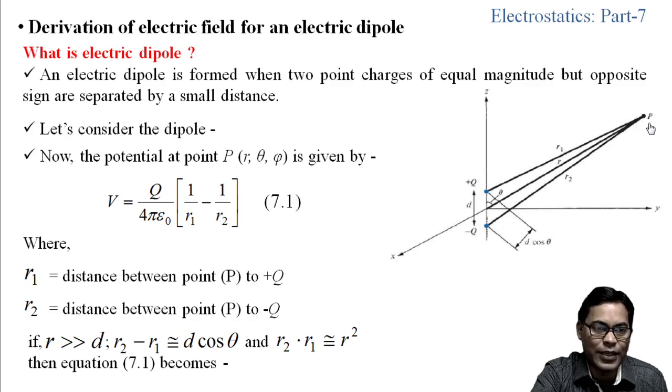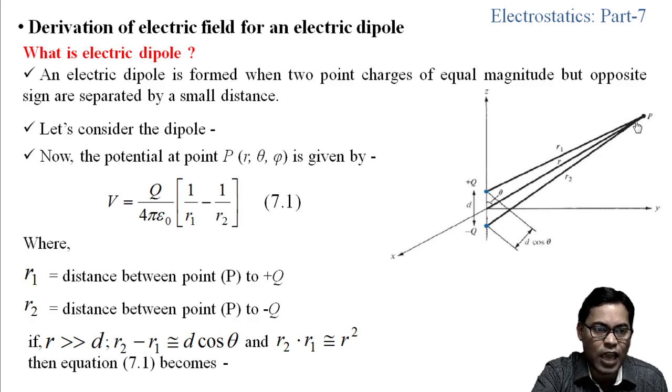At first, we know the potential at the point P due to a point charge plus q is q by 4 pi epsilon naught r1. Here r1 is the distance from the plus q charge to the observation point where we want to find the potential.